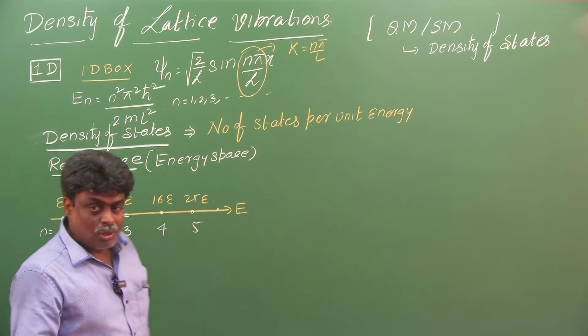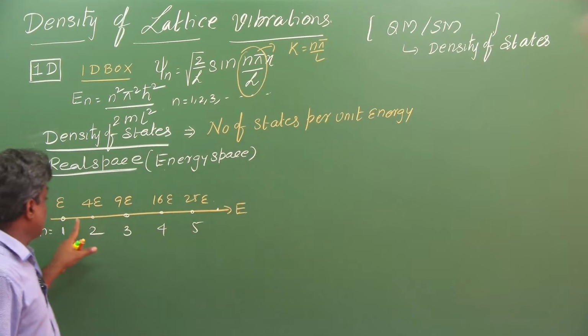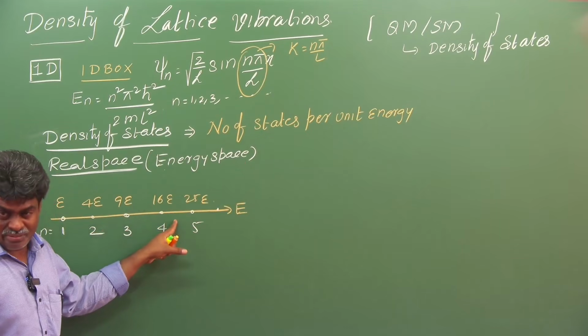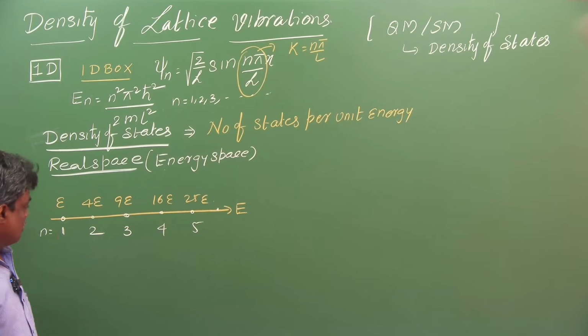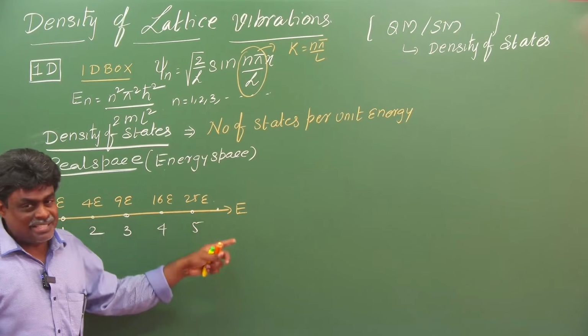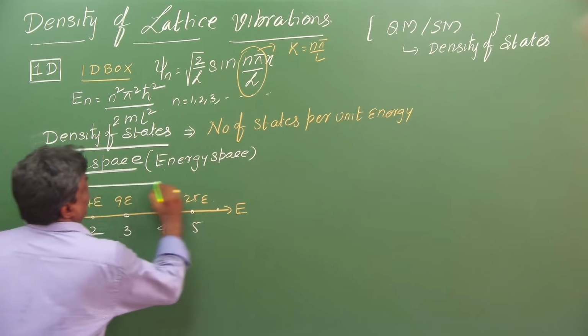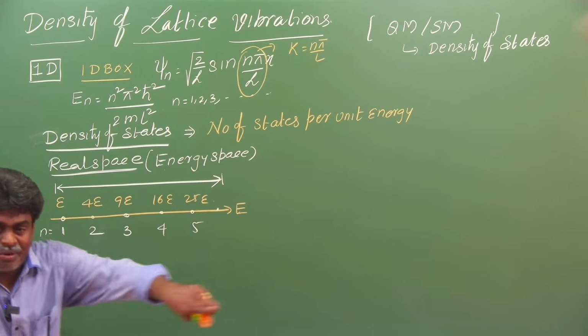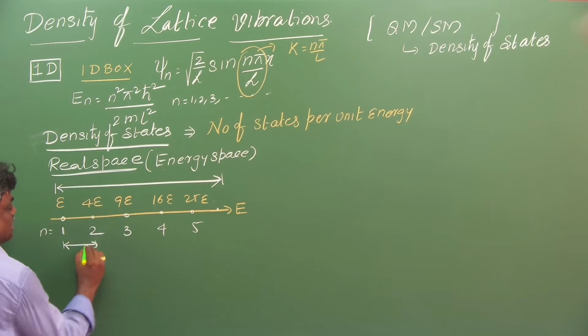Now, you are finding the number of states, which means you are finding the number of points. Each point represents one state. Say yes or no? Now, can you count like this? Not possible. Let us suppose I have taken a total length like 40 feet. The problem is, could you please tell me what is the separation?